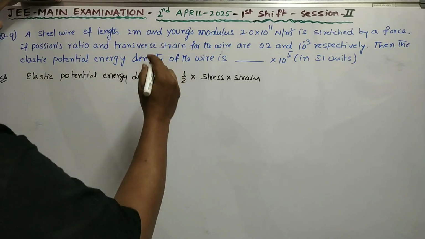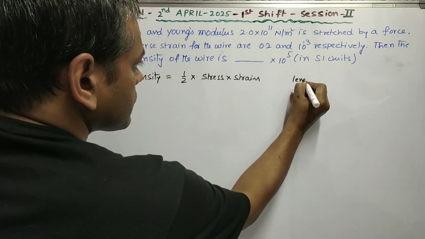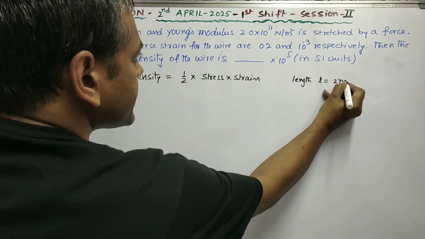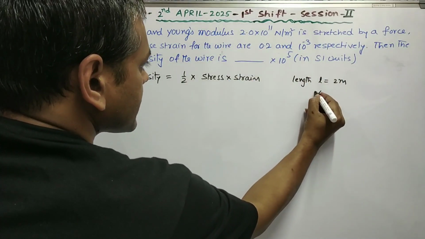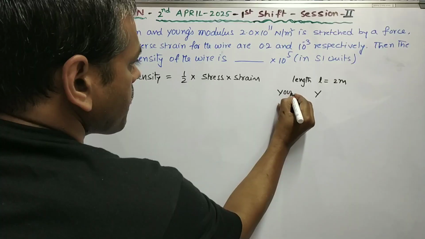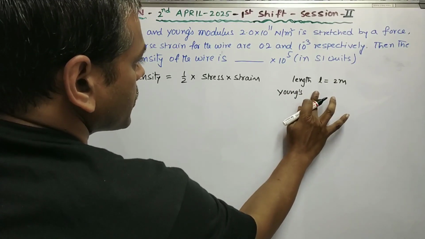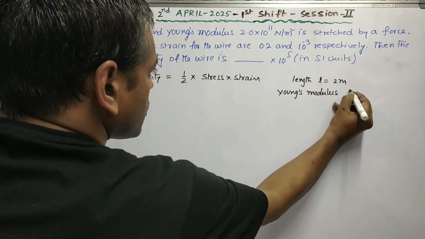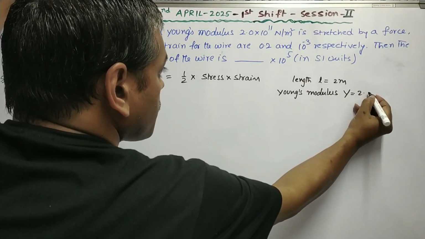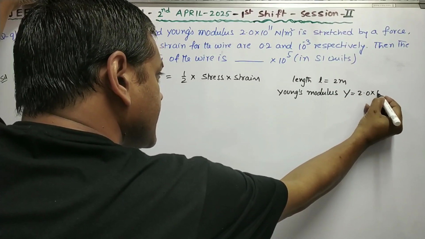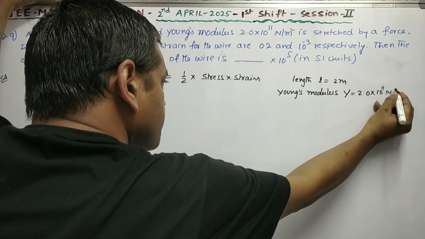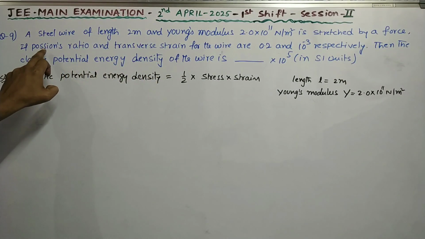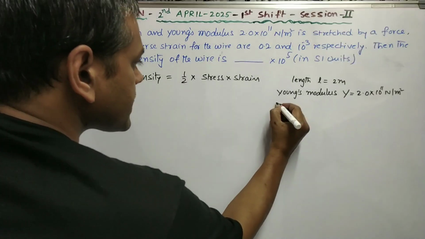What is that? A steel wire of length L is equal to 2 meter, and its Young's modulus Y is equal to 2.0 into 10 power 11 Newton per meter square, is given. It is stretched by a force.